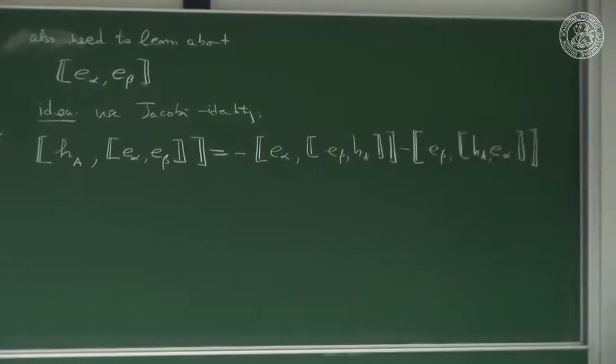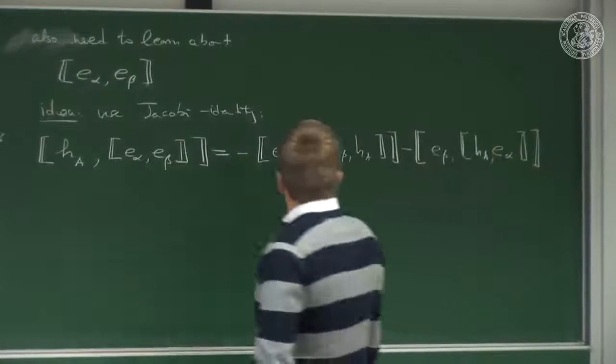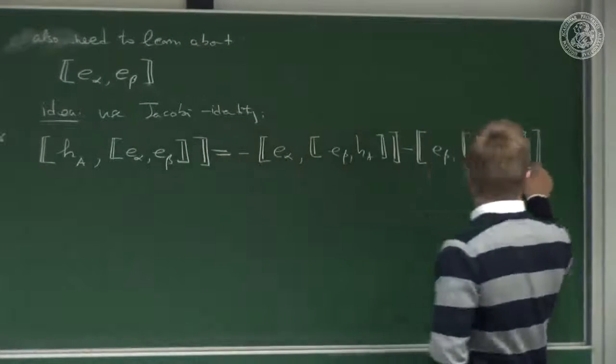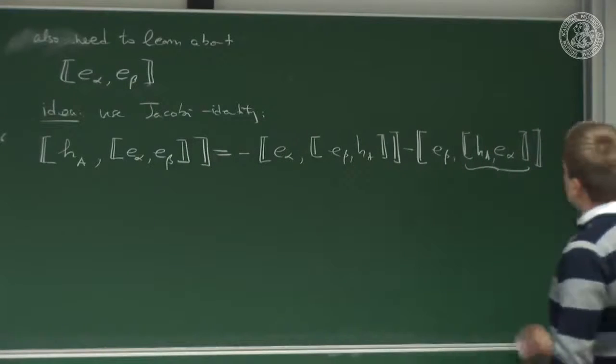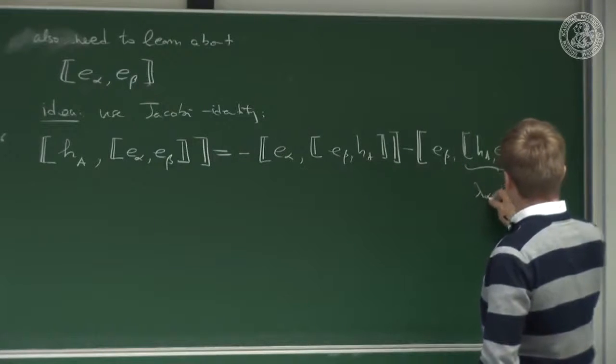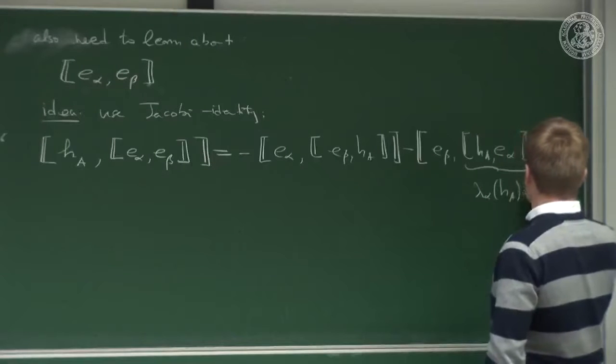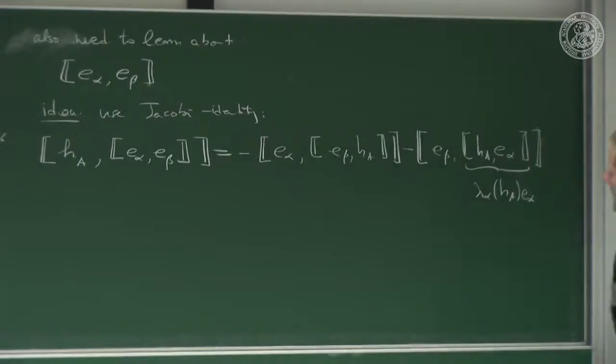So this is simply the Jacobi identity. And of course, this gentleman here, for instance, we already know what that is. This is lambda_alpha of this H_A times E_alpha.